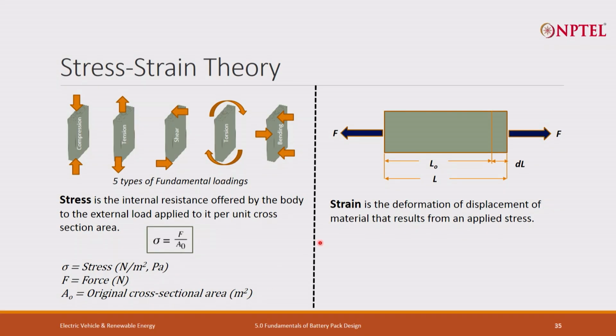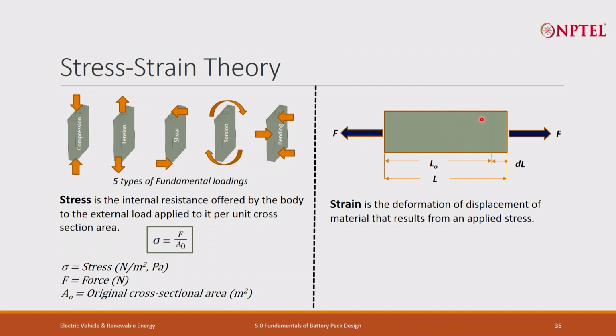So strain is the deformation or displacement of the material that results from the applied stress, which is basically force per unit cross-sectional area. So let's suppose the initial length is L0. After the application of tensile force, it has elongated to L. So the difference is delta L. There is a possibility that it gets deformed in this direction.